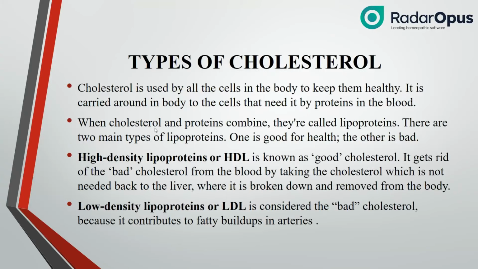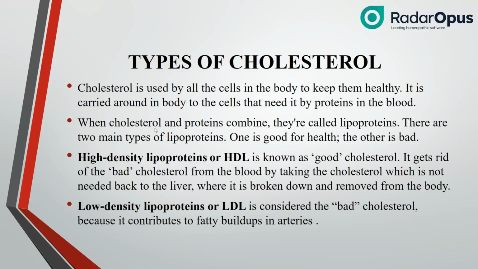So now the types of different cholesterols. Cholesterol is used by all the cells in the body to keep them healthy, and it is carried around the body to the cell that needs it by protein in the blood. When cholesterol and proteins combine, they are called lipoproteins, and there are two types of lipoproteins.